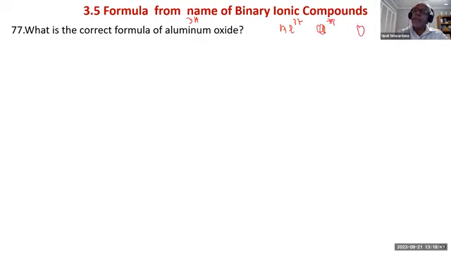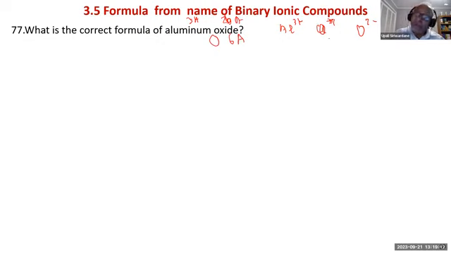Oxide makes 2 negative. Oxygen is 6A, so it gains 2 electrons. This is 6A. If you look at the period.